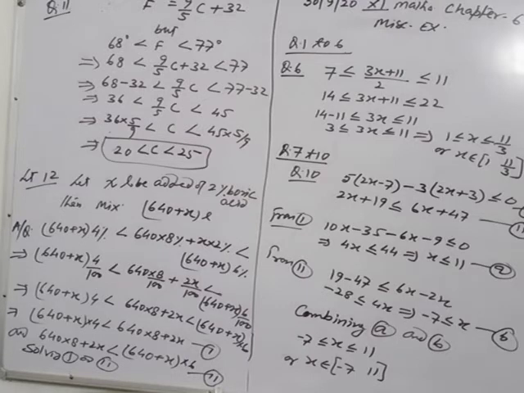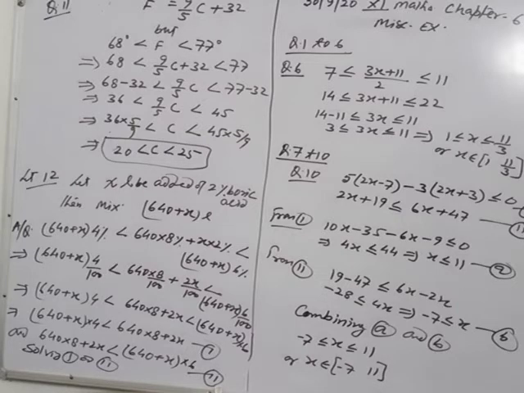First, what to do? Transferring terms to this side, you get 6x − 2x greater than or equal to 19 − 47, so 4x is greater than or equal to −28, or x greater than or equal to −7.